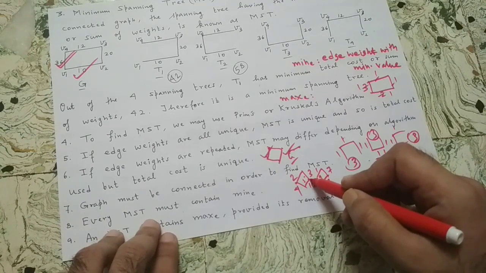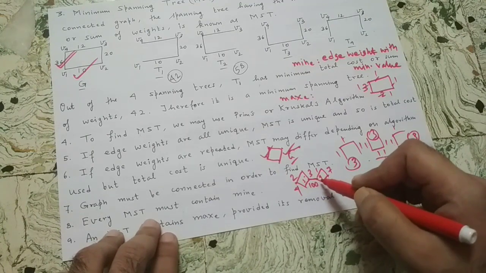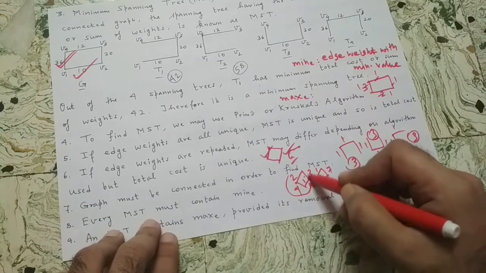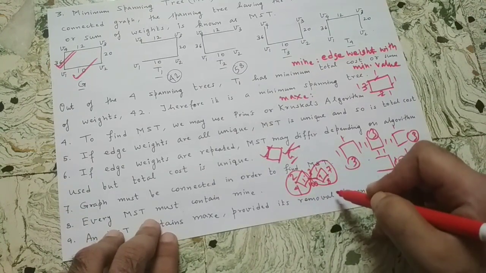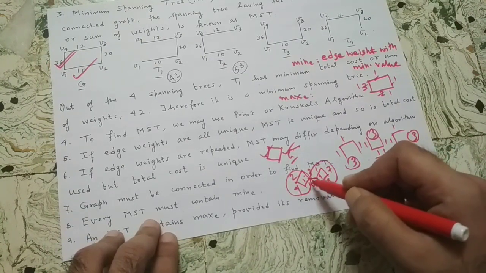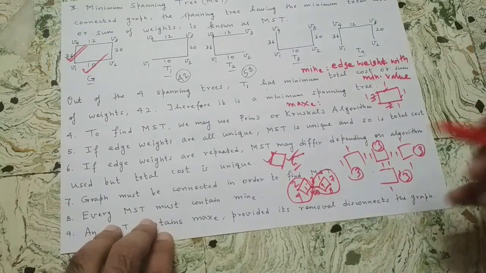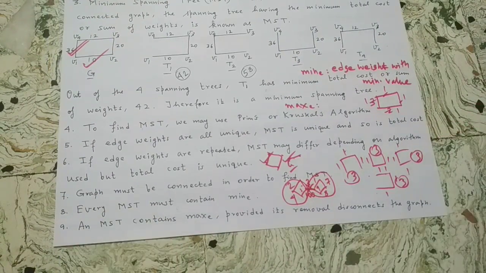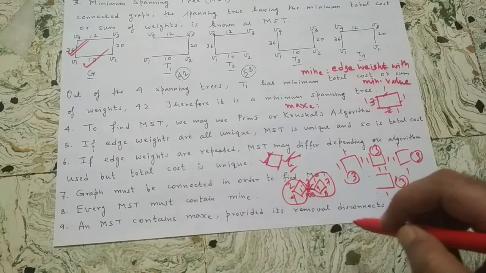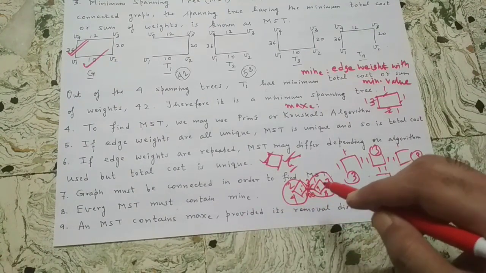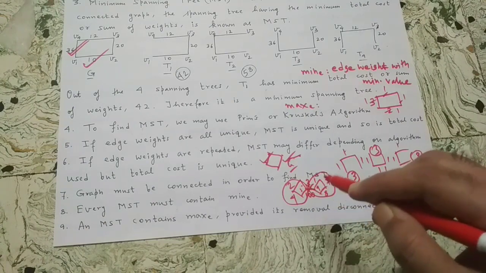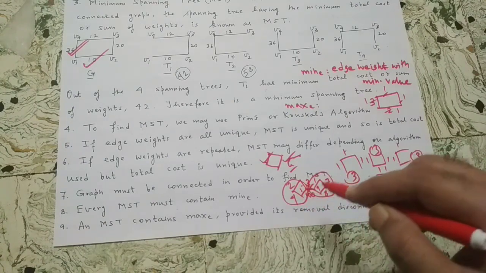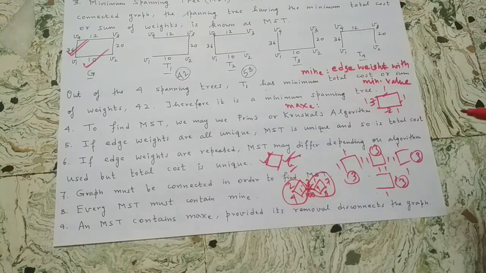And this edge happens to be acting like a bridge between this part of the graph as well as this part of the graph. So you have no other choice but to always include this edge. You have to, because if you do not include this edge, then your graph will become disconnected. So this is what you mean by the last point, that the edge having the maximum weight will be included in your minimum spanning tree only when its exclusion will disconnect the graph.